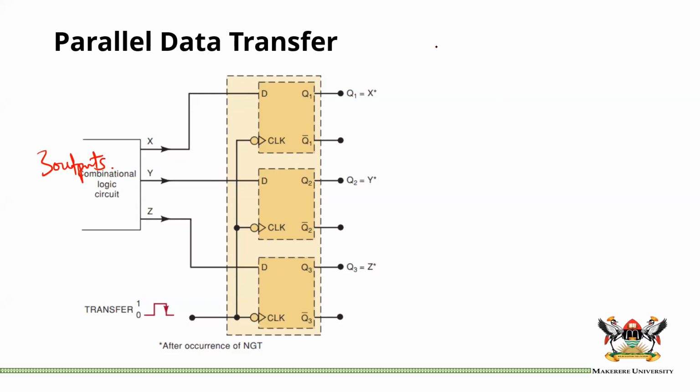However, you should see here that the 3 D flip-flops are clocked simultaneously. What I mean is that they are clocked by the same clock. If you notice, you have a clock signal here that is NGT, and it is feeding that clock input, and that clock input, all at the same time.